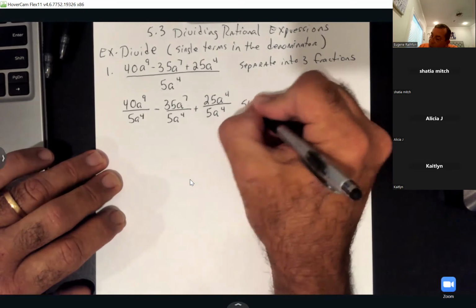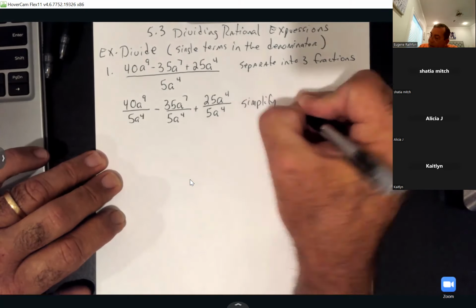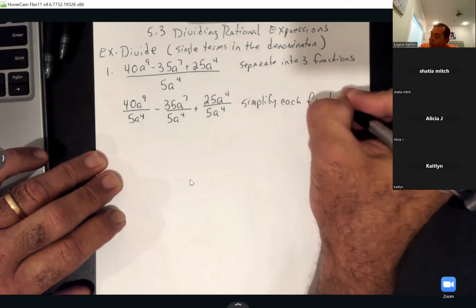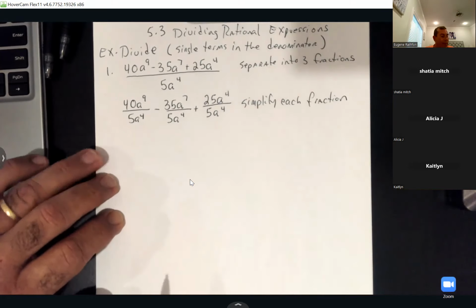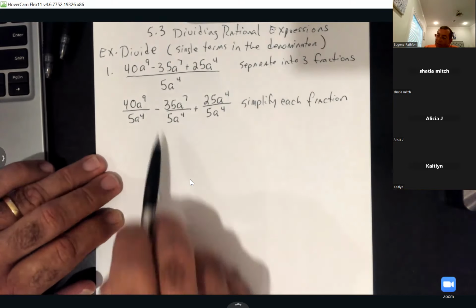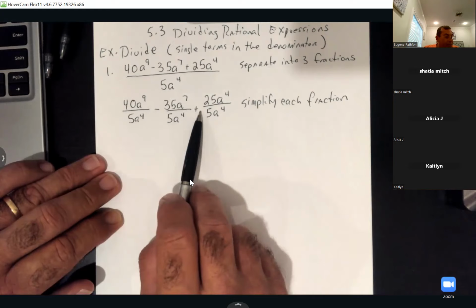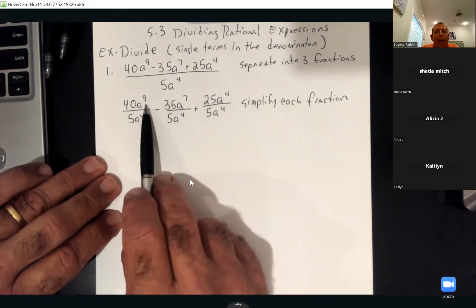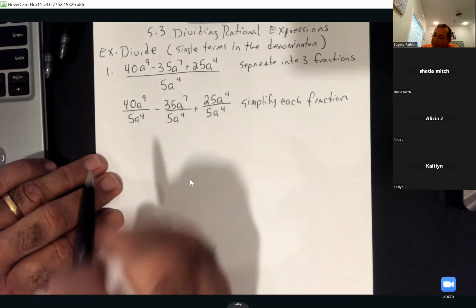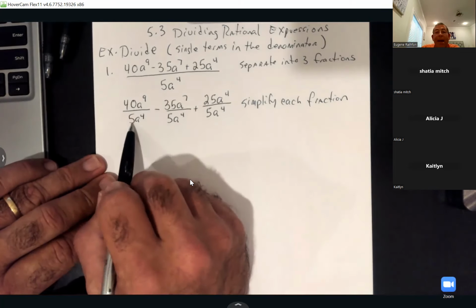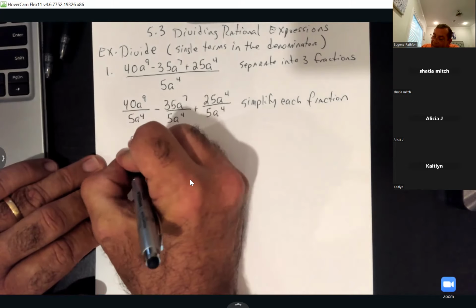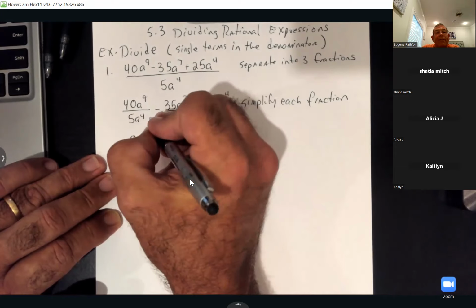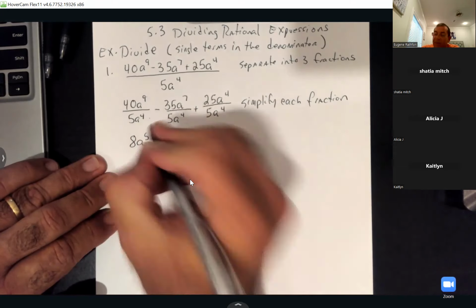And at this point, we're going to simplify each fraction. These numbers will divide out, and then remember, on the variables, I'm going to subtract exponents. So let's see what we get. 40 divided by 5 gives me an 8. 9 minus 4 leaves me a to the 5th.